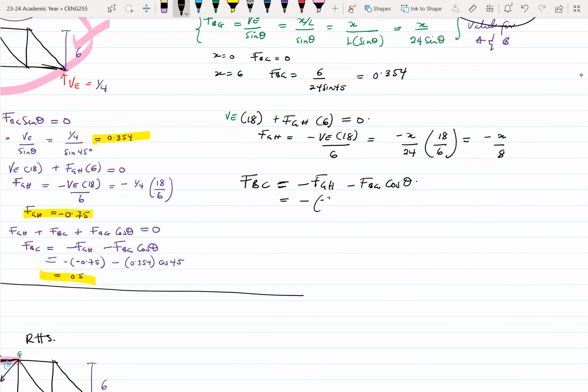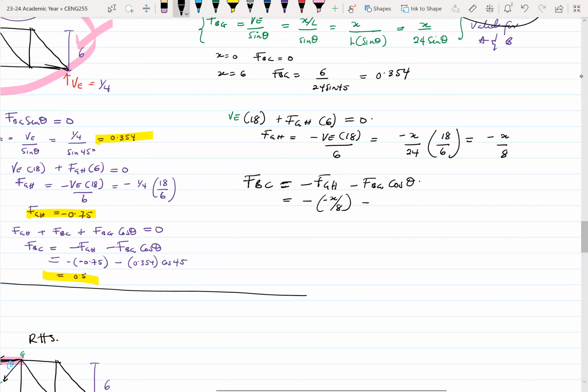So minus into brackets, minus x over 8, then minus into brackets, x over 24 sine theta cos theta. So then this becomes the equation for that.